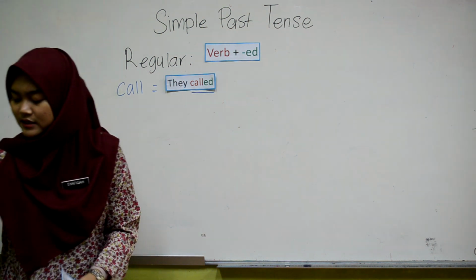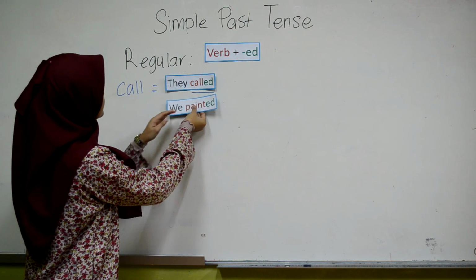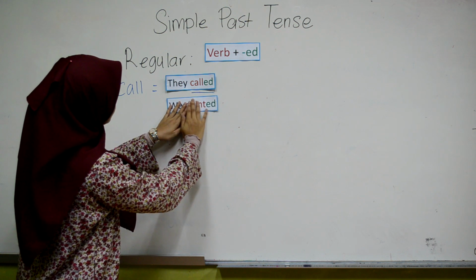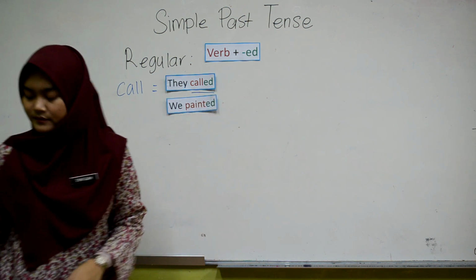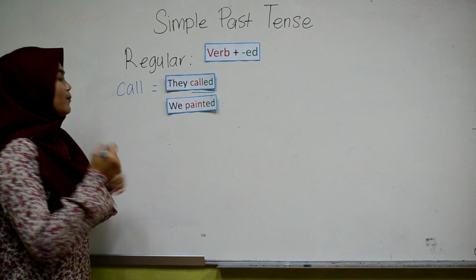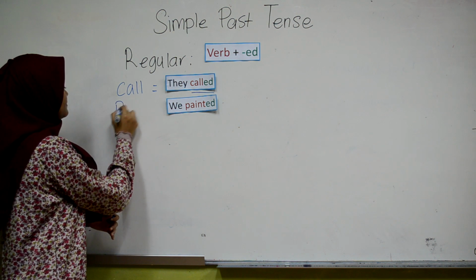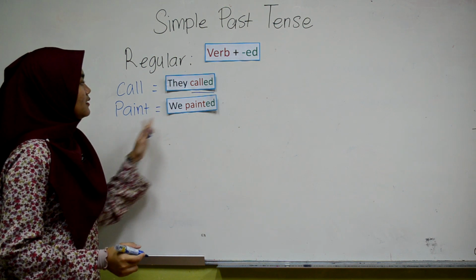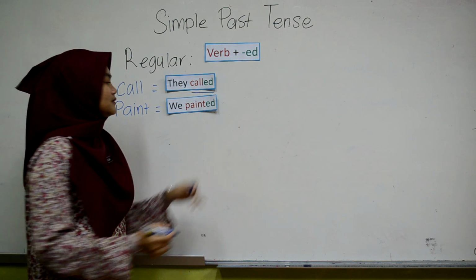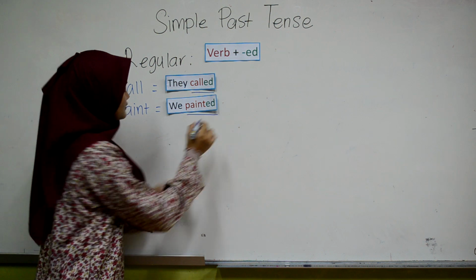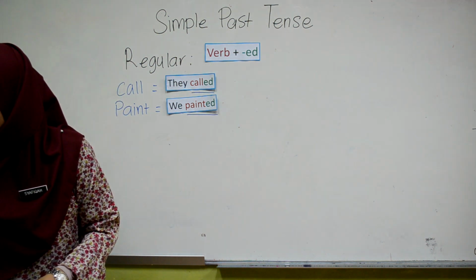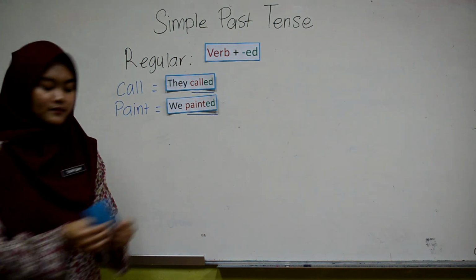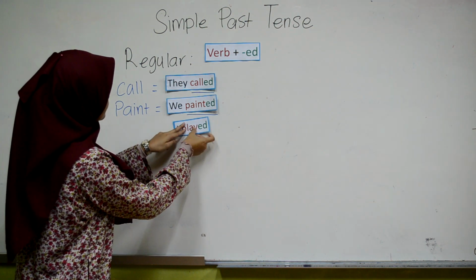The second one is paint. The root word for paint is paint. So it became painted. The third one is played.